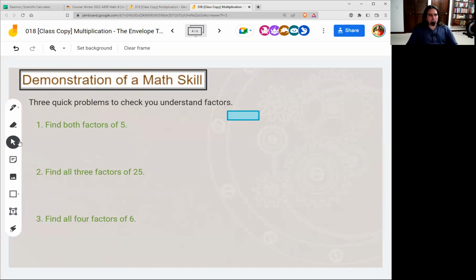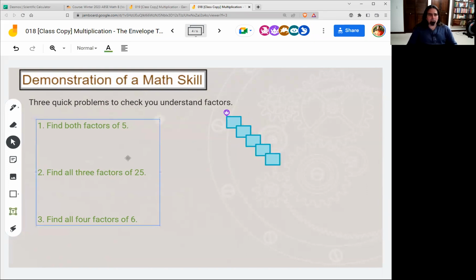Tends to work better if we take that you're making a rectangle and keep it a square. But we can make 5 of them. Can you make a rectangle with those 5 things?